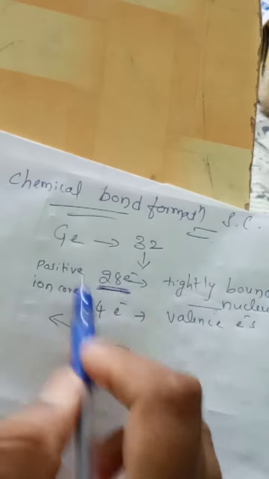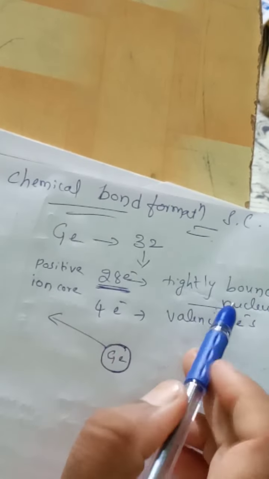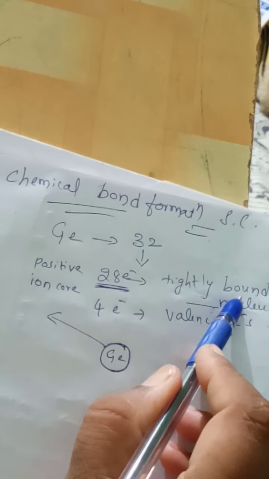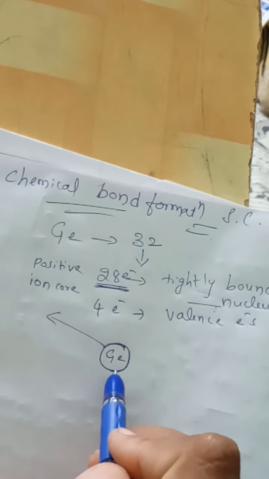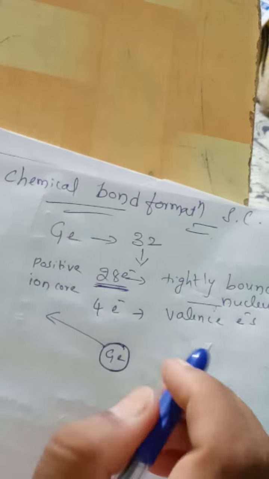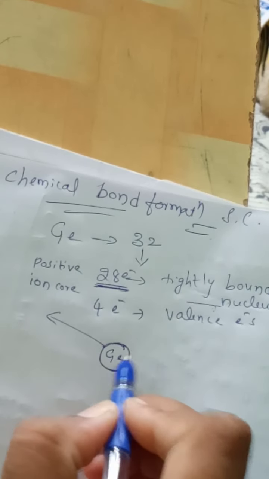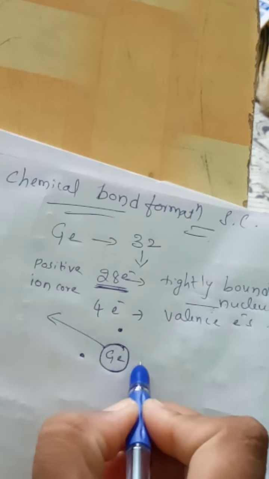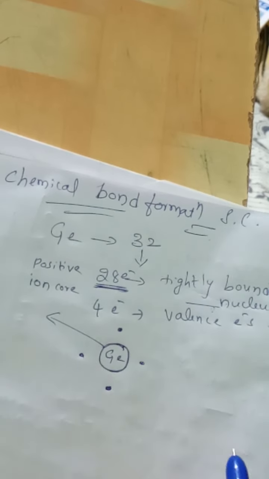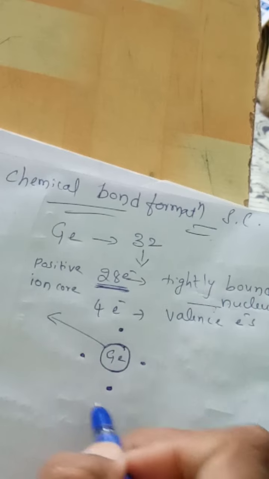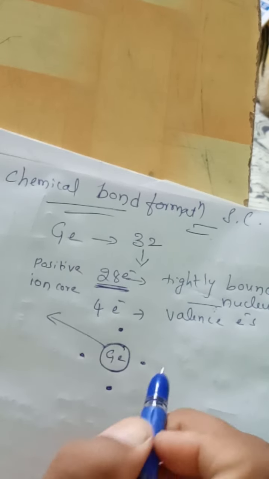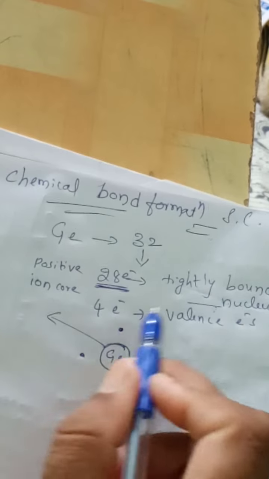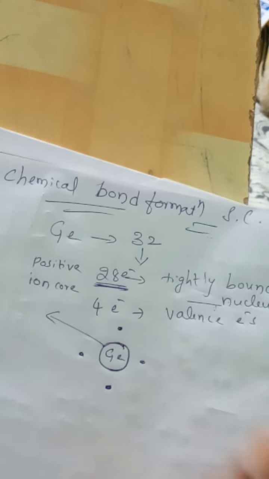That is, these 28 electrons form the positive ion core. Next, to this ion core the 4 valency electrons which are present in the outermost orbit are attached.